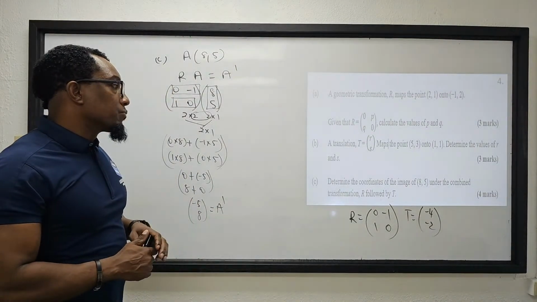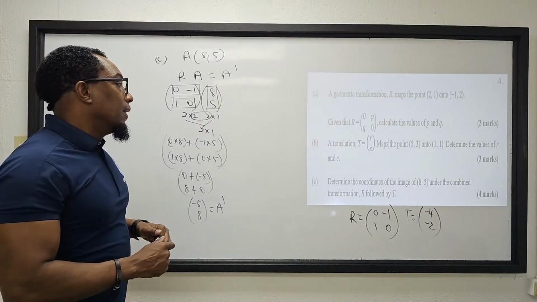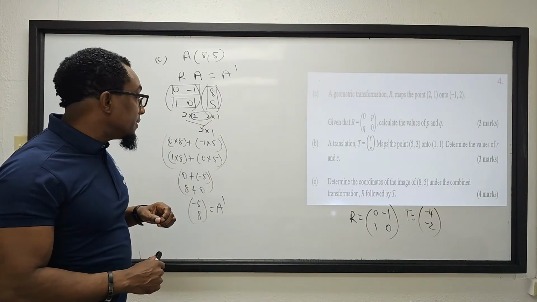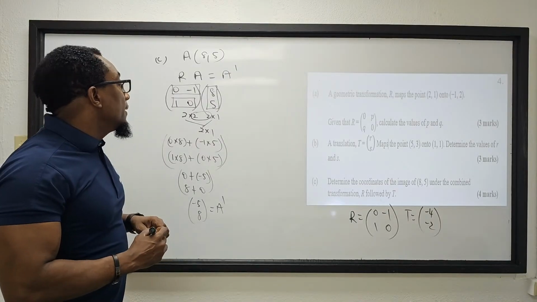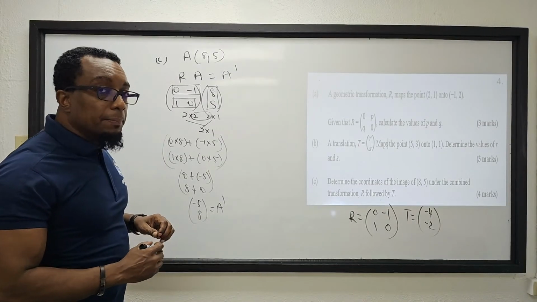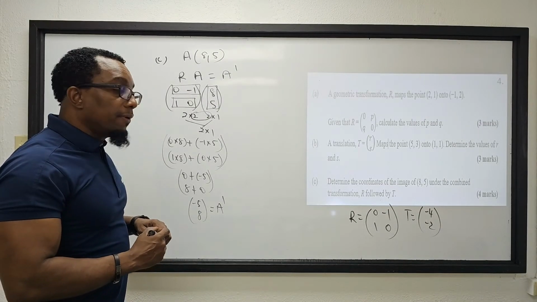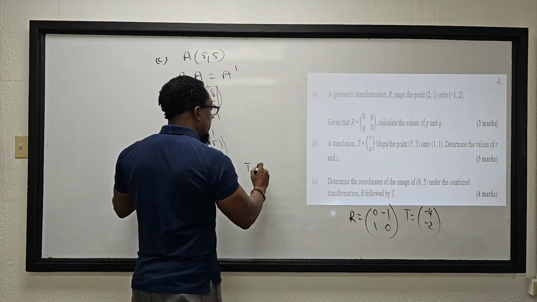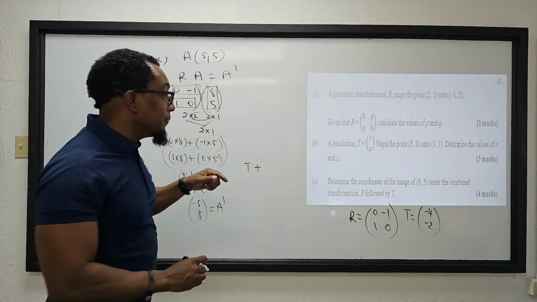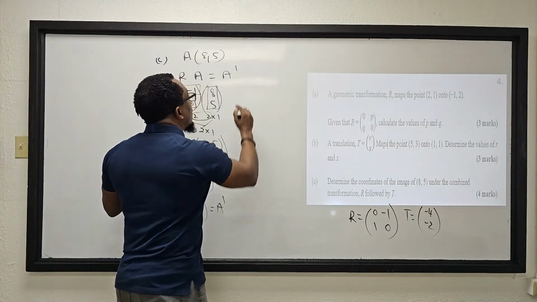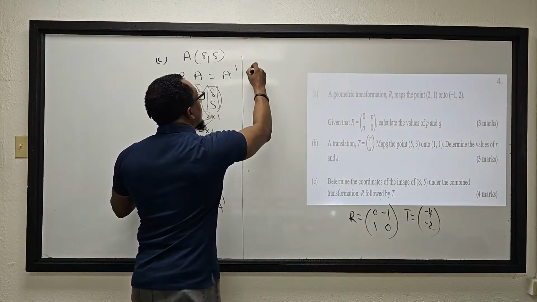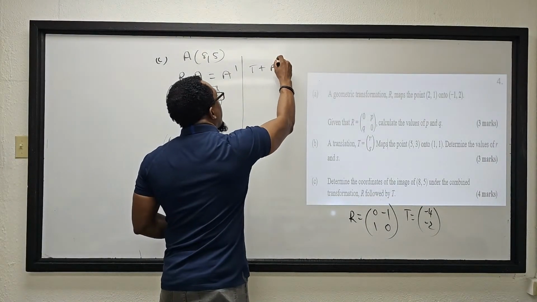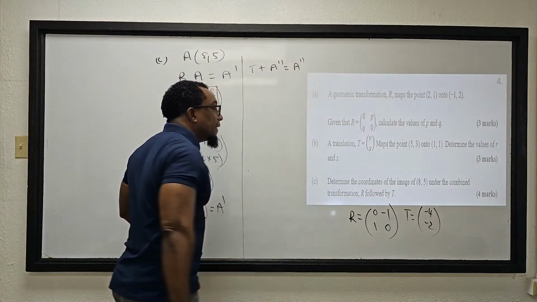Okay? But then, that is R being applied. But then we have followed by T. So let's move from A prime to A double prime. Okay? So followed by T will be to take A prime, remember to take the translation, once it's a translation, we're going to add it to A prime, to give us A double prime.